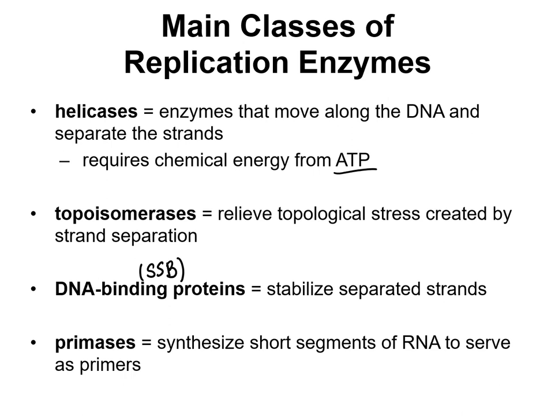There are also primases, and these are the enzymes that synthesize the short RNA primers that allow for the DNA pol to come in and say, oh, okay, I can do this, and then continue adding on nucleotides.